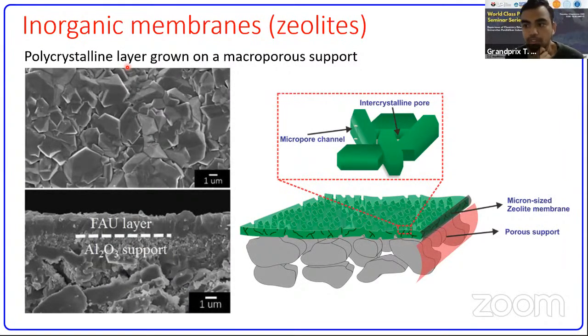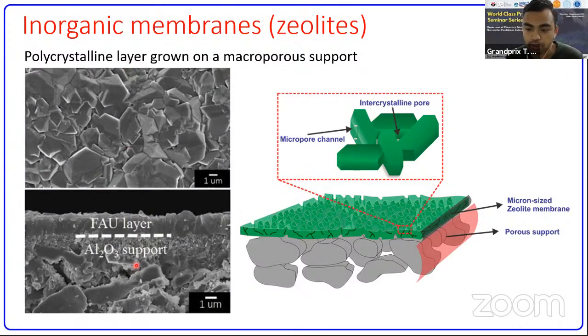If we talk about the inorganic membranes, especially zeolite, we would encounter a polycrystalline layer, which is grown on a macroporous support. Commonly, it is a microporous alumina or macroporous silica.